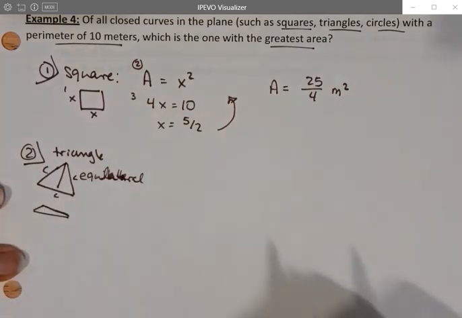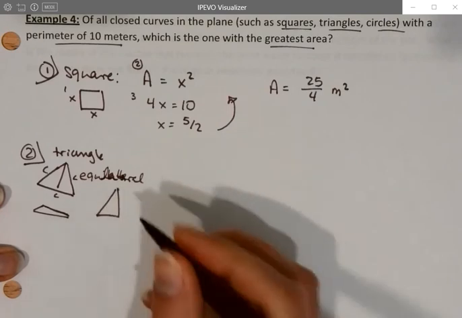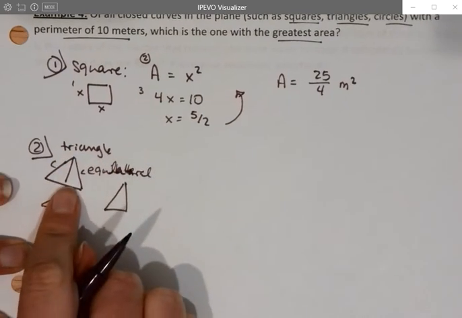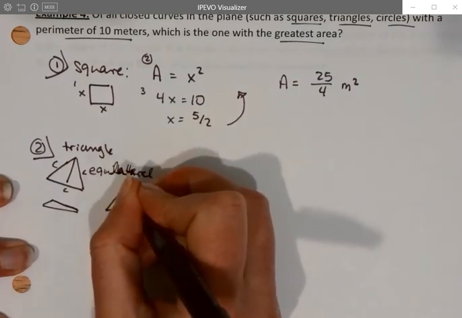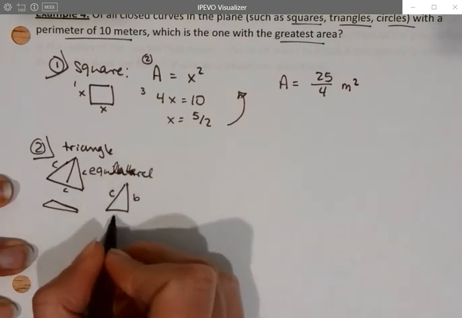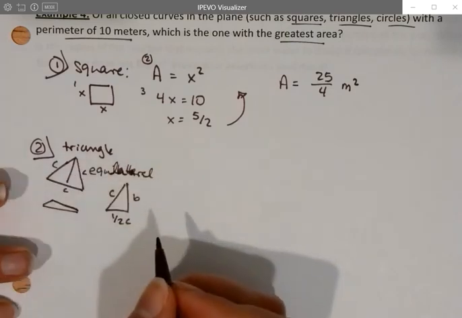I meant to say height; I was thinking of an H word and the wrong word came out. I need to find that height right there. So let's call that just for a second B. Since this side is C, this side here is half of C, since we bisect, trying to find that height right there in the middle.